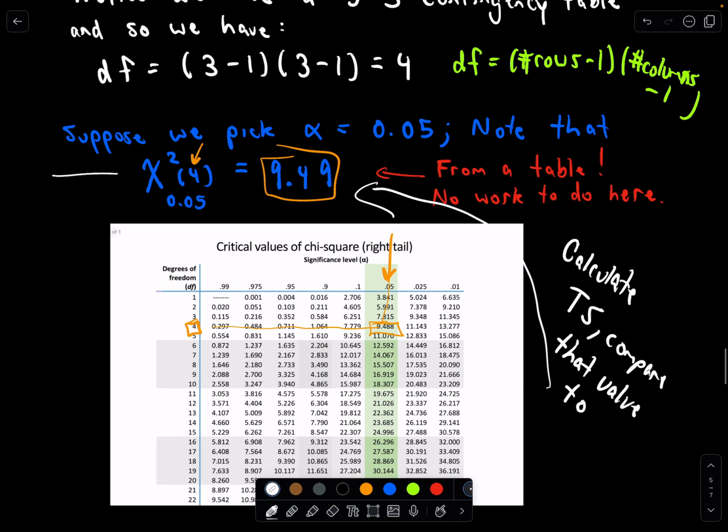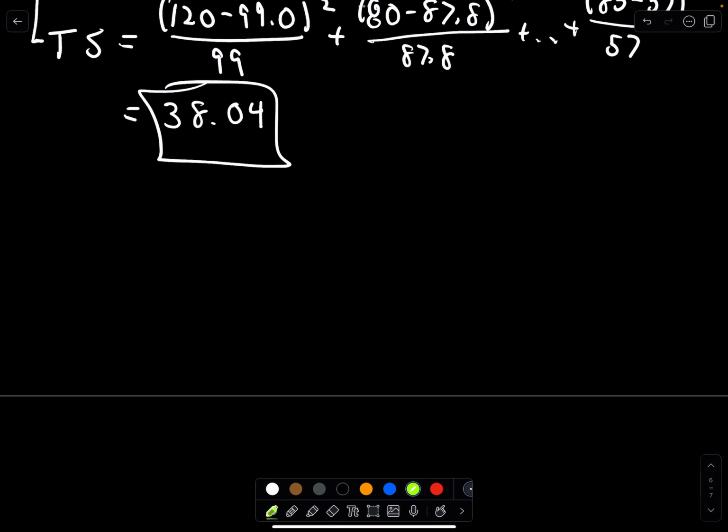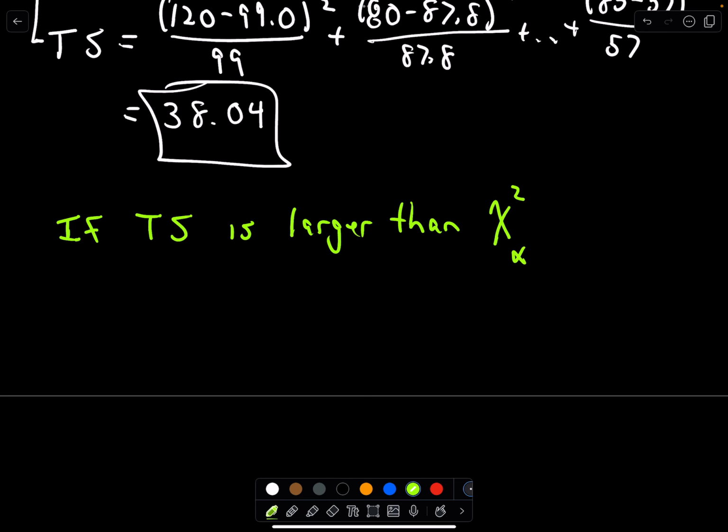This was my value from the table. The moral of the story: if your test statistic is larger than chi-squared of alpha with the degrees of freedom, we reject the null hypothesis.